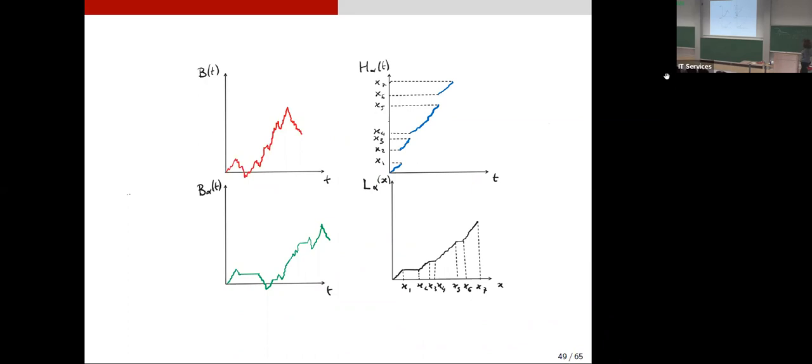So with these piecewise constant trajectories, what happens is that in some sense the clock, the time, is stopping for some periods, and then this stops also the trajectory of the Brownian motion.